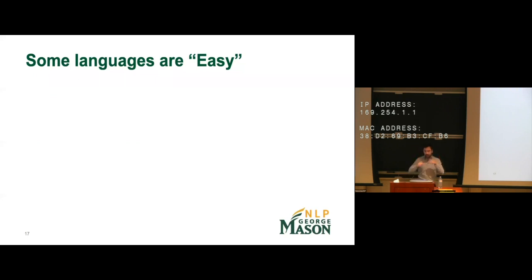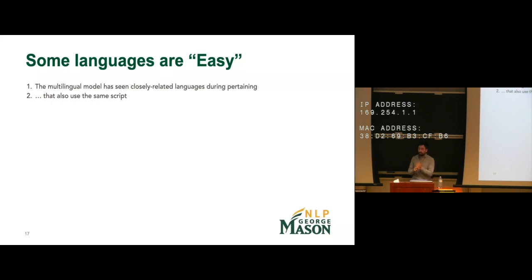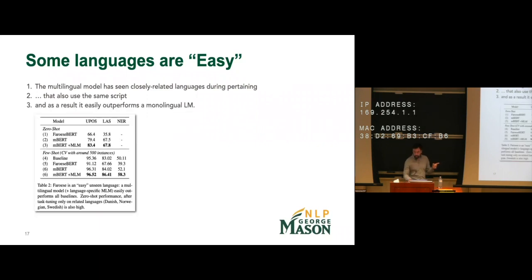Not easy as in we can perform the task right away super well, but basically the multilingual model has seen closely related languages in its pre-training stage that also use the same script as the languages that you care about, so you can do a lot better with the multilingual model than using a monolingual one.